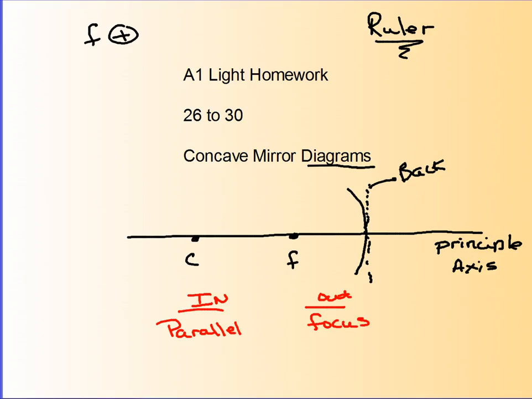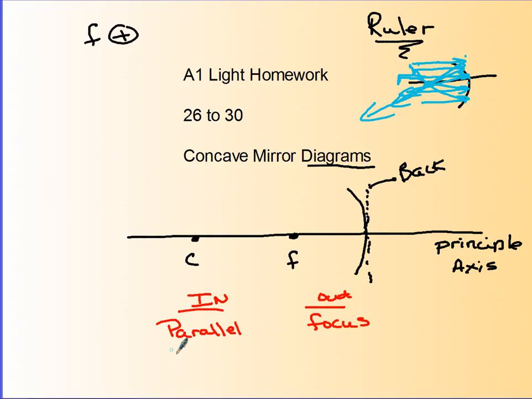Because remember, if I have a concave mirror, with my principal axis and the back of my mirror, and I have a bunch of parallel rays coming in, all of these parallel rays are going to reflect through the focus. Every one of them is going to bounce back off through the focus. So parallel rays go in and bounce out through the focus.